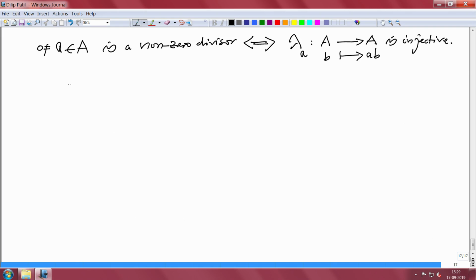All right, the set of non-zero divisors is a very important set, as you will see in coming lectures.